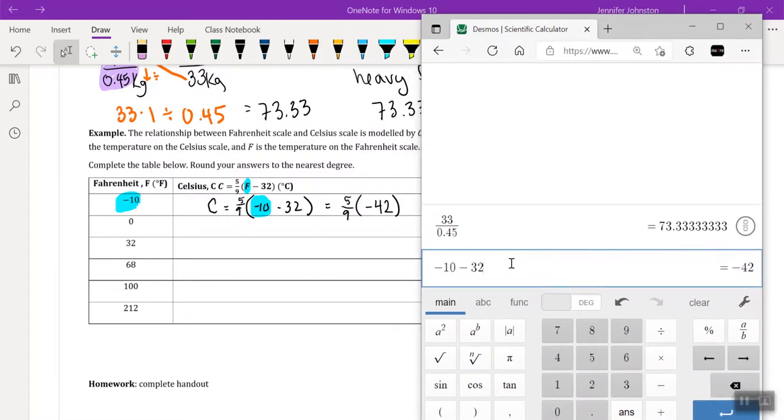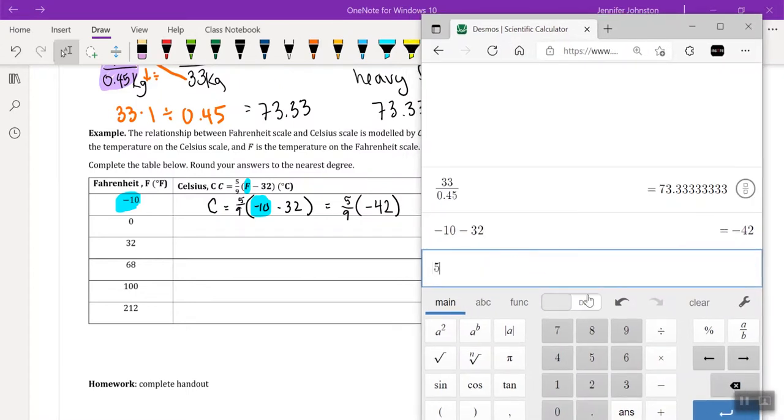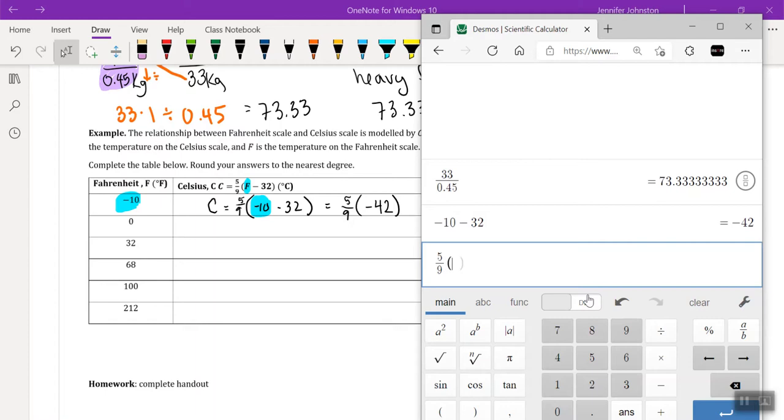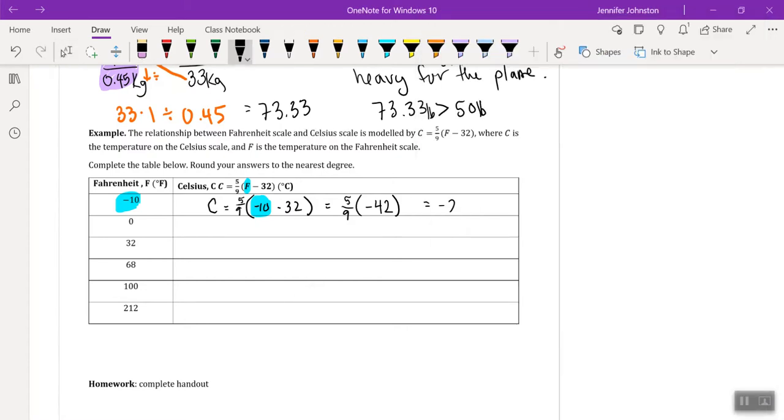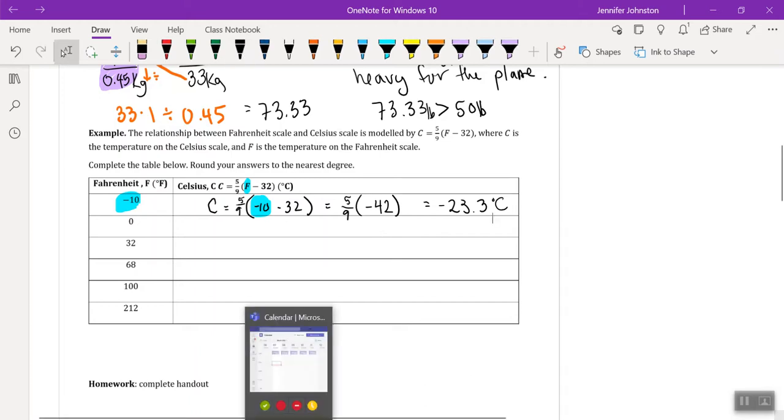What's great about our Desmos calculator is I can do 5 divided by 9 and then put our -10 minus 32 right here, and I get the answer, -23.3. Okay, I'm going to write that down. If it's -23.3 degrees Celsius outside, that means it's -10 Fahrenheit.